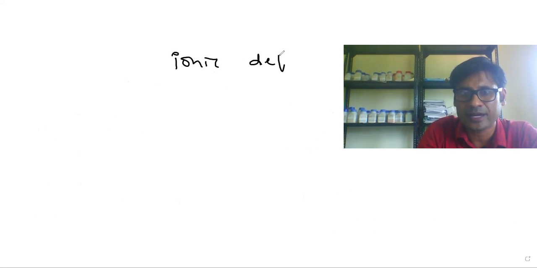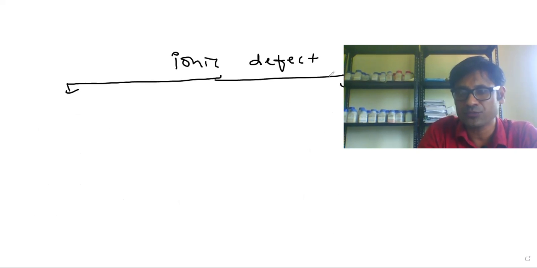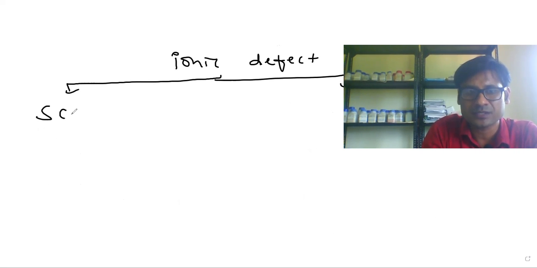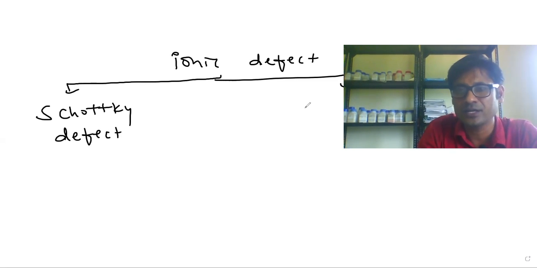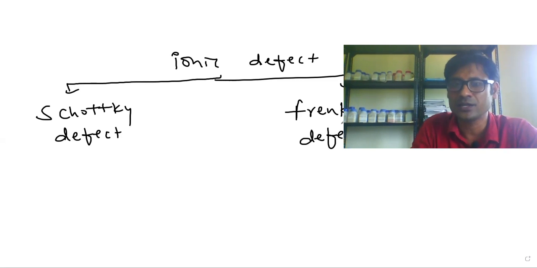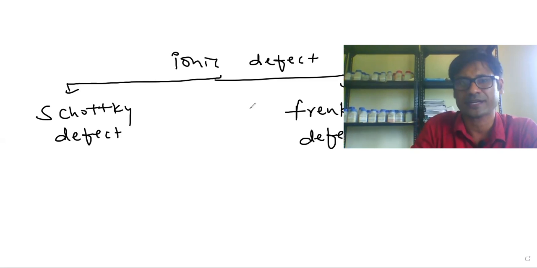Next is ionic defect. Ionic defect is further divided into two types. First is Schottky defect, and second one is Frankel defect. So there are two types of defects. The first one is Schottky defect.